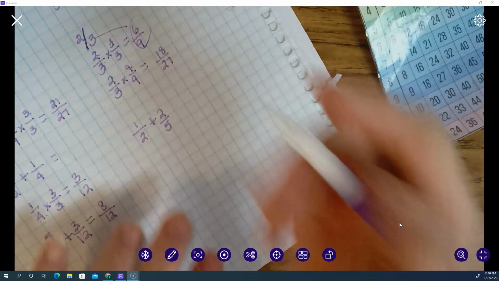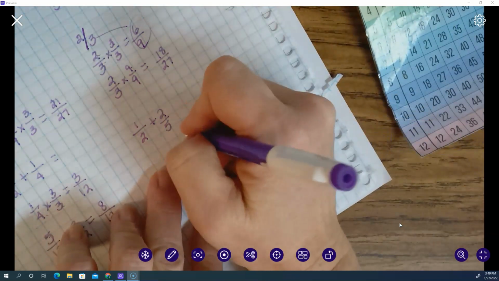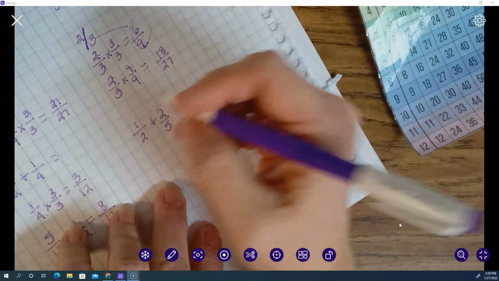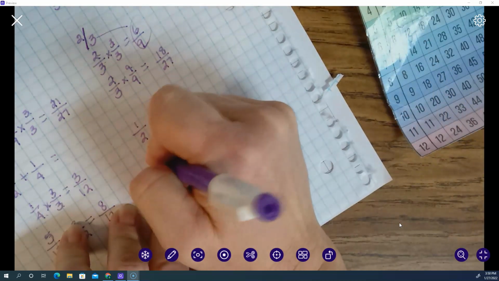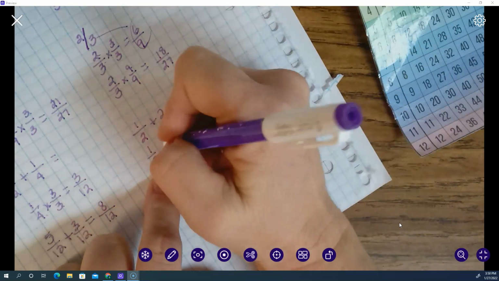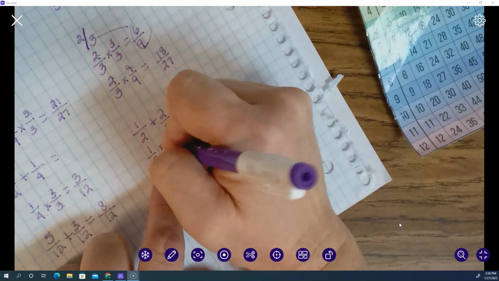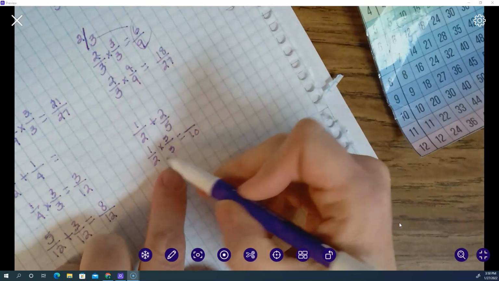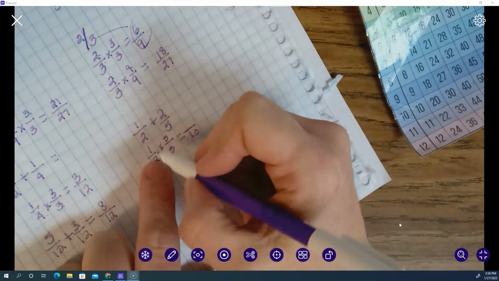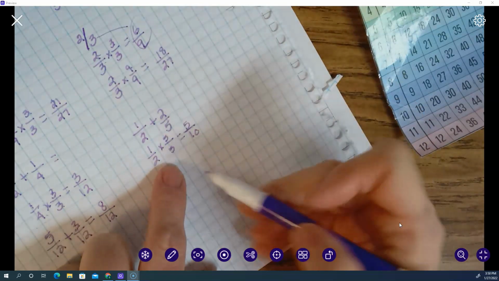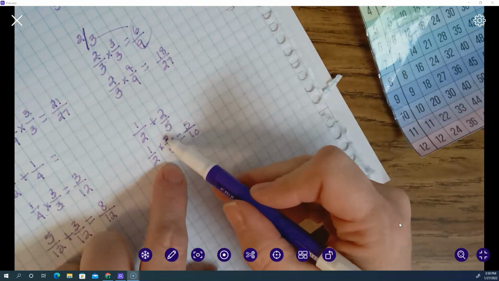10 is going to be our common denominator. So I'm going to do 1/2. And to get 2 to 10, I must multiply times 5. So 2 times 5 is 10. 1 times 5 is 5. Because again, whatever I do to the bottom, I must do to the top.